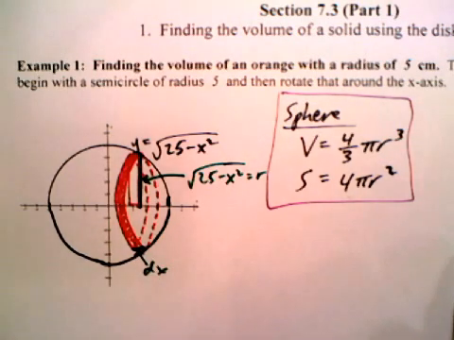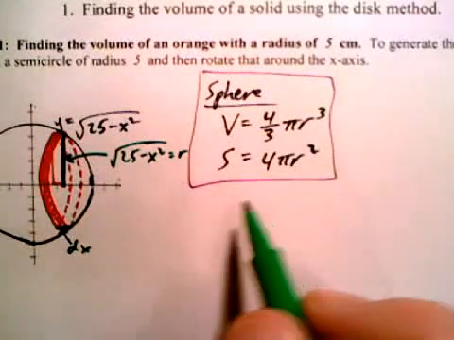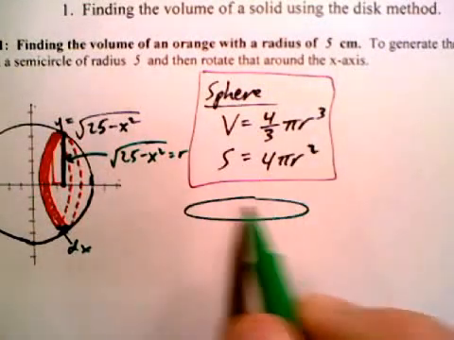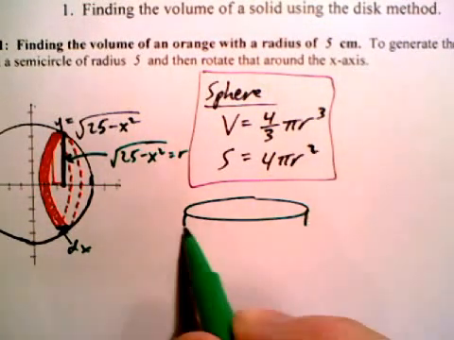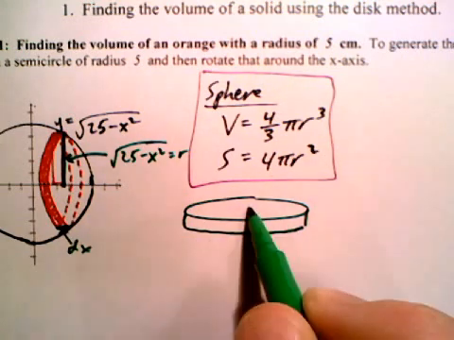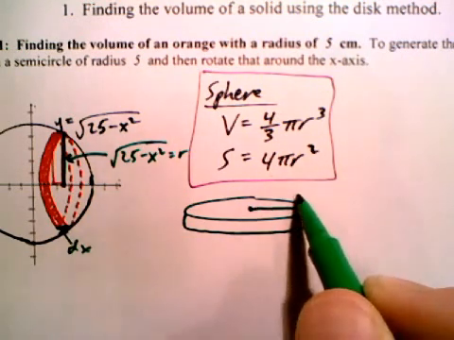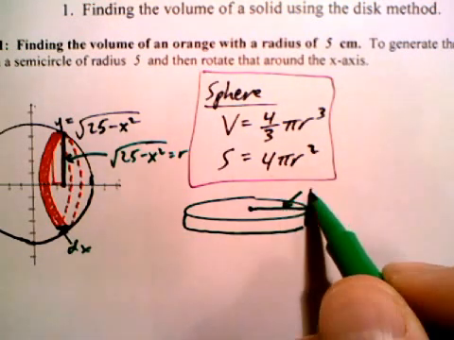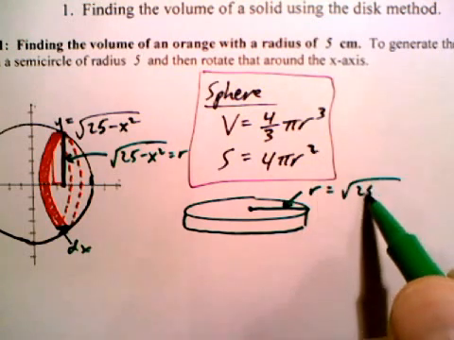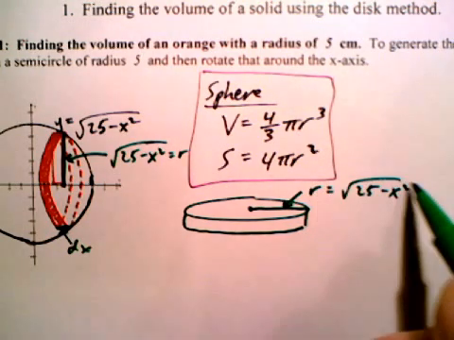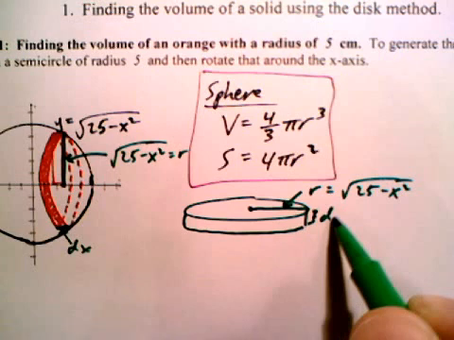If we put the disk on its side like that, this guy right there is the radius, which we just talked about, the square root of 25 minus x squared, and that little guy right there is our dx.